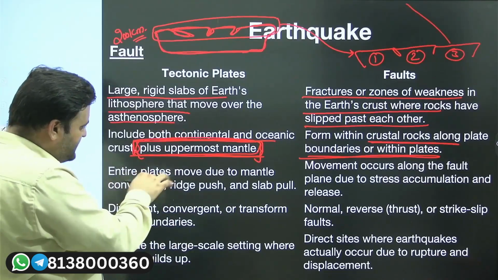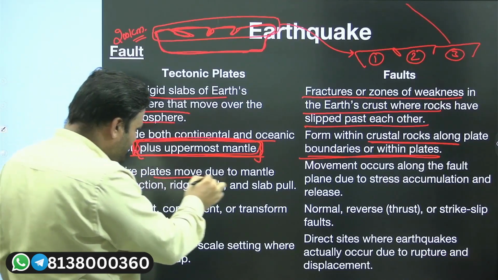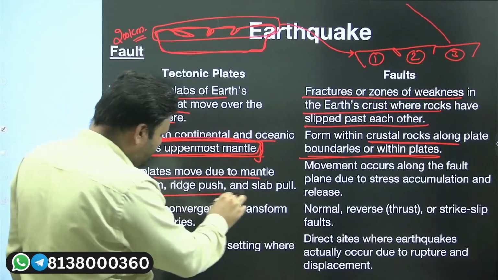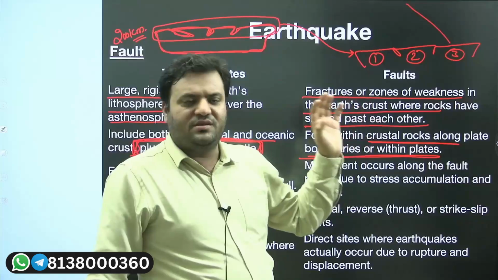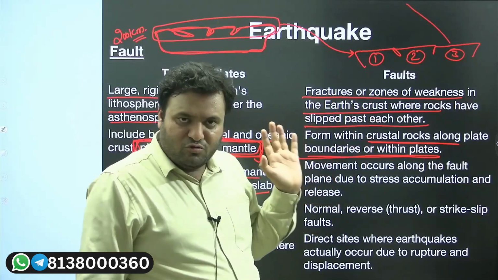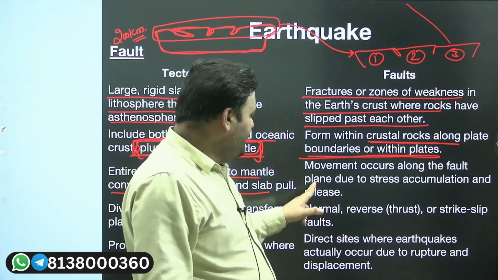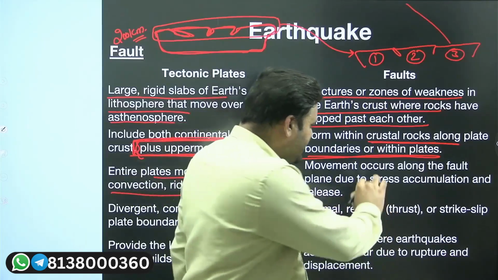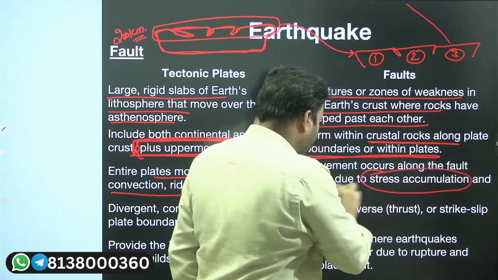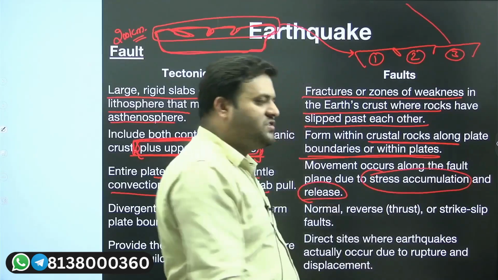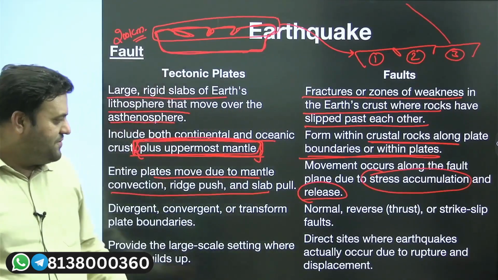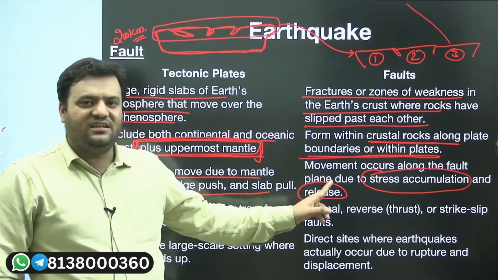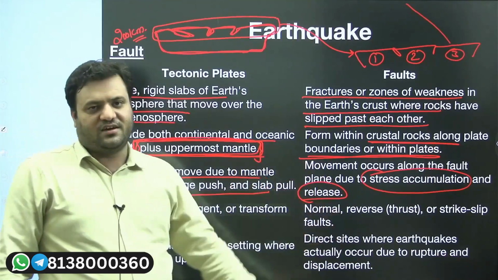A tectonic plate actually moves because of the mantle convectional current, and the movement along the faults takes place because of stress accumulation and release of stress. Primarily, however, the main cause behind these two is mantle convectional current.